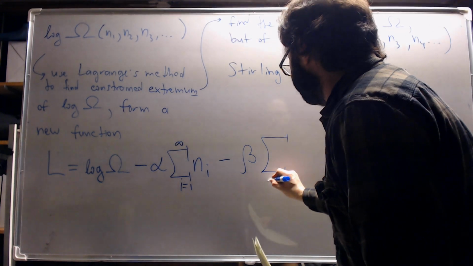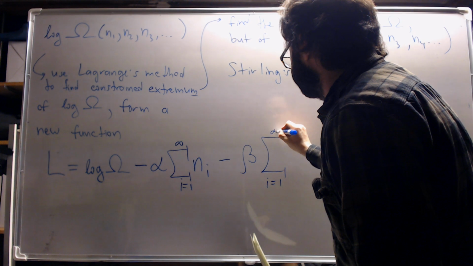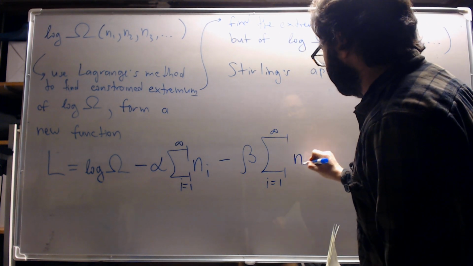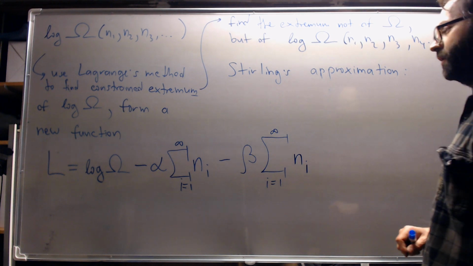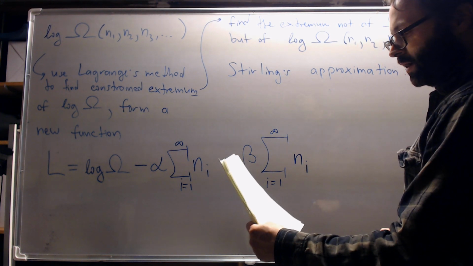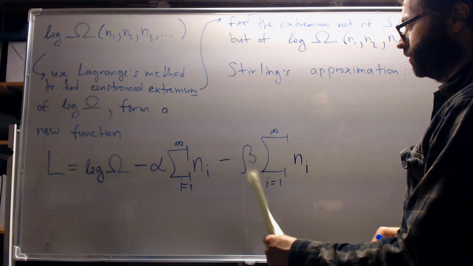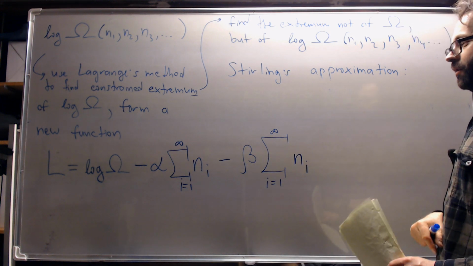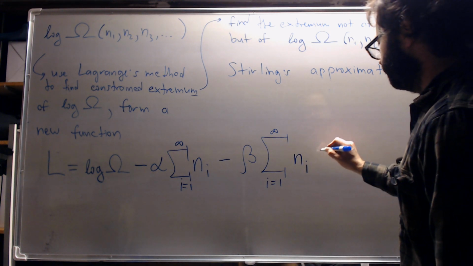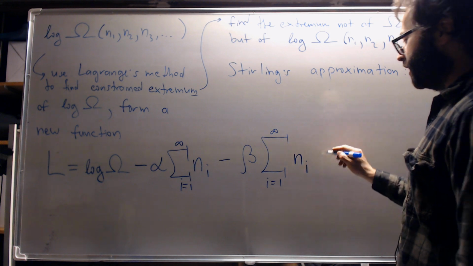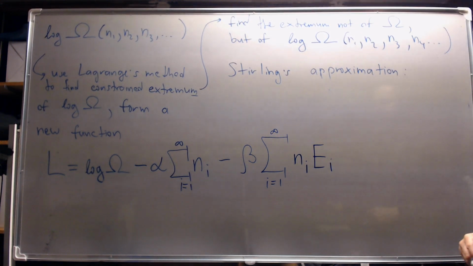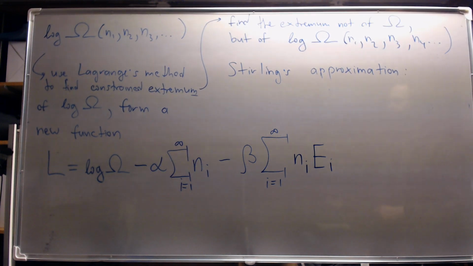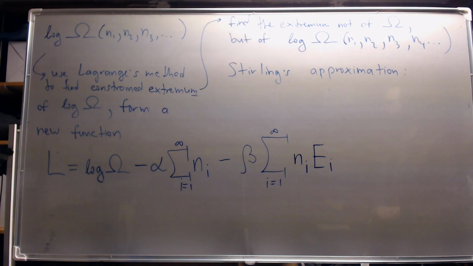The second constraint is the sum of the number of systems in microstate i, or microstate j, doesn't matter. In my notes I wrote j, so I'm just going to randomly switch to i, and I hope you don't hate me for it. The number of systems in microstate i times the energy eigenvalue of that microstate. This is the function that we're going to maximize.